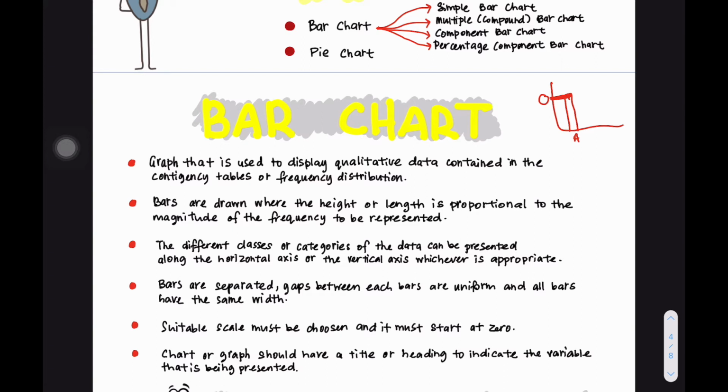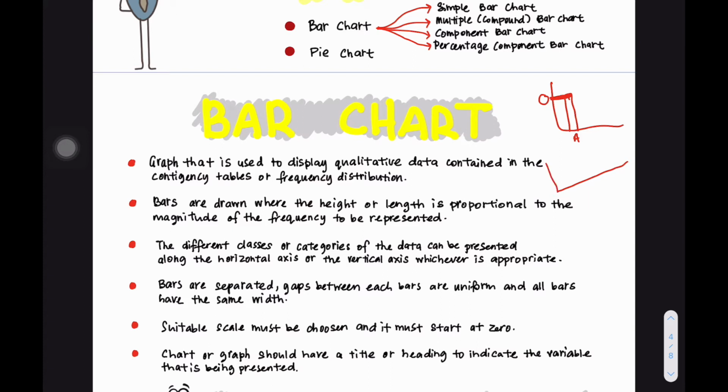Alright. The different classes or categories of the data can be presented along the horizontal axis or the vertical axis, whichever is appropriate. So the different categories, sometimes categories ni dia akan di represent, okay, di horizontal axis. Horizontal axis tu maksudnya melentang lah, garisan melentang ni.